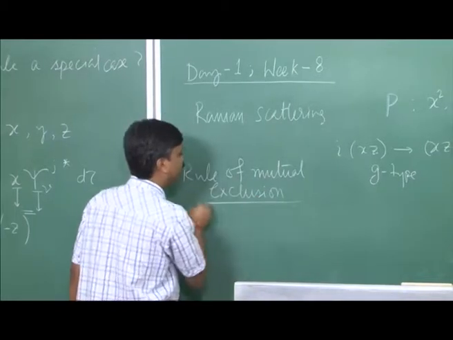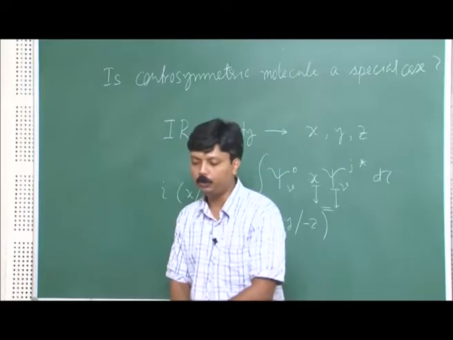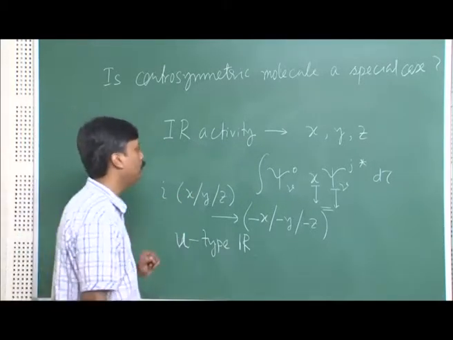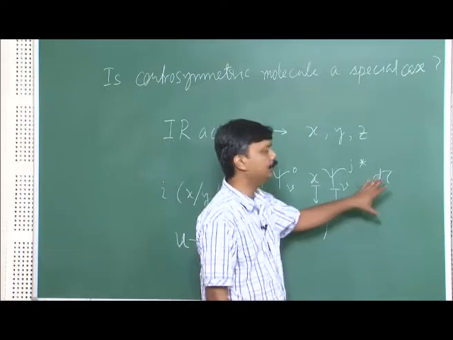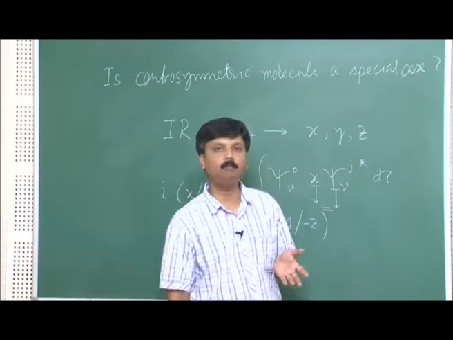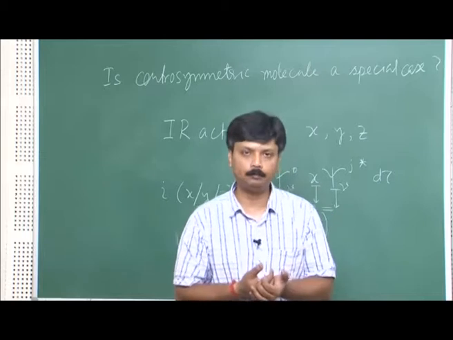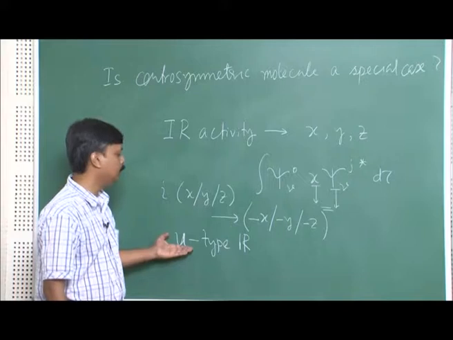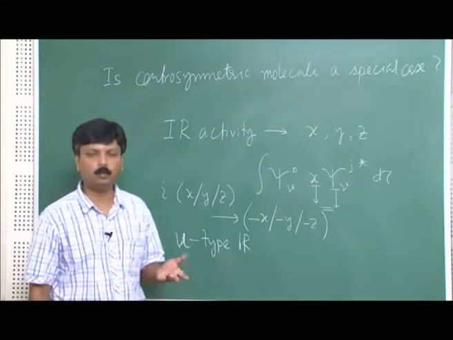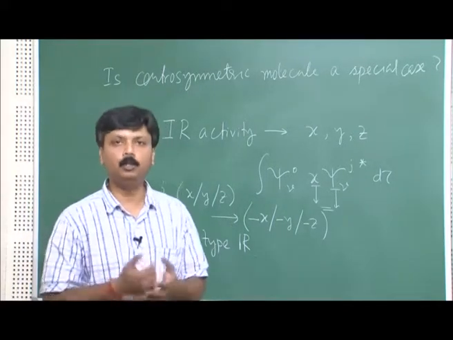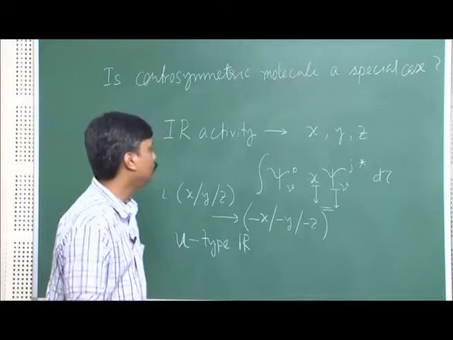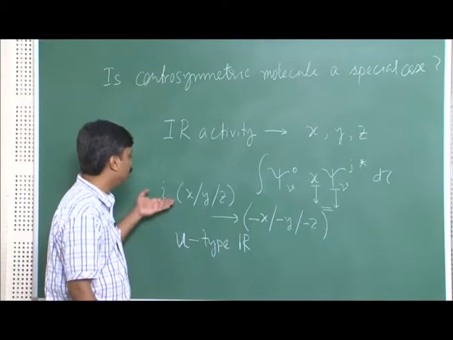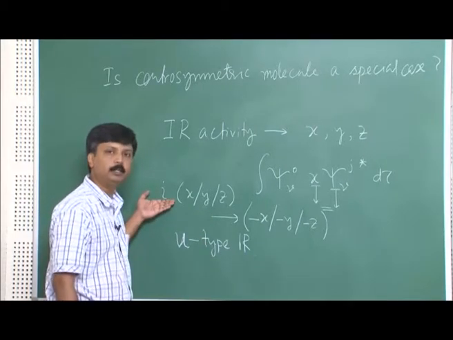Many of you must have heard about this rule of mutual exclusion, but here is actually the real logic behind it. Now, think about any other molecule where you do not have the inversion symmetry. What happens in that case? You do not have this U type or G type irreducible representation present, so this situation does not arise at all, because you do not have inversion symmetry in those cases.